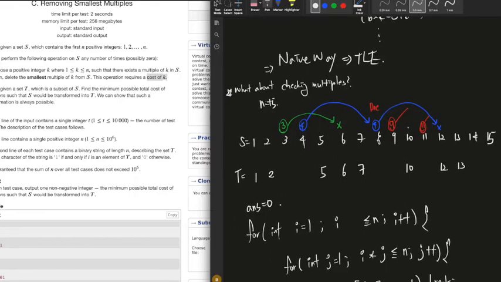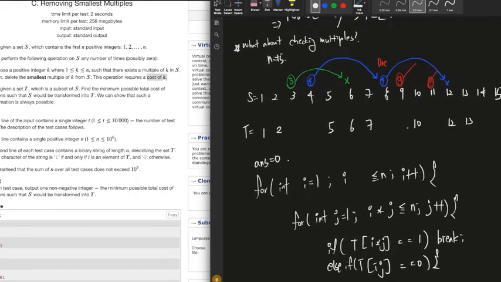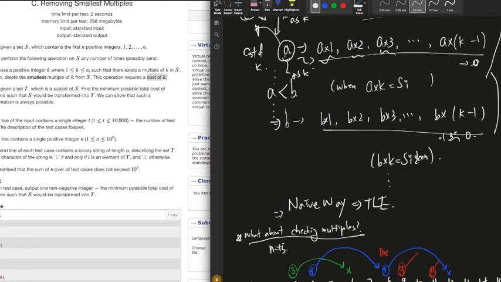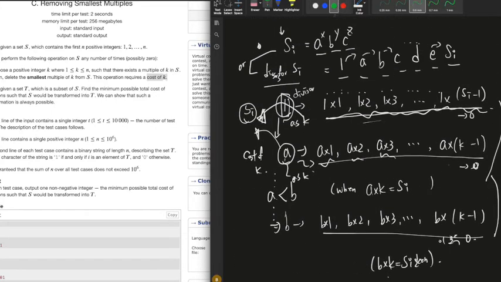So that was the naive way. To come up with a better solution, here's the solution. What about checking multiples? Because it took quite a lot to go through every SI, go through divisors of every SI, right?